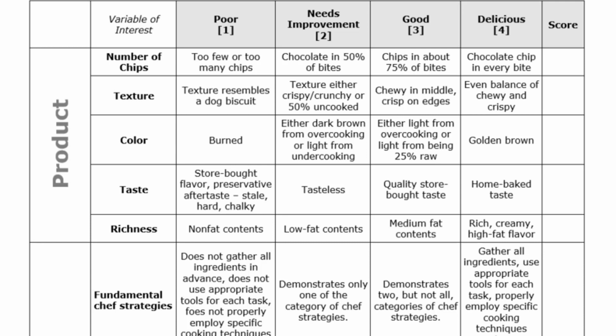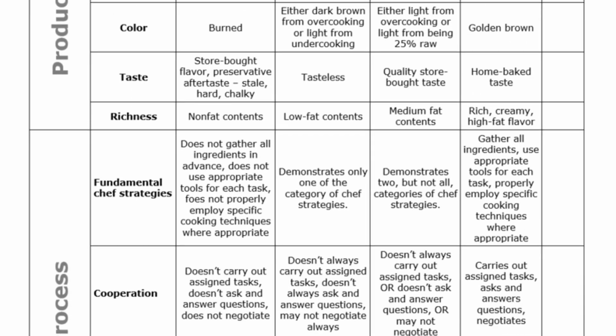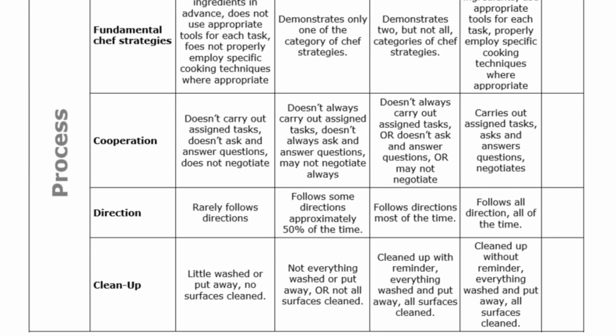That could include number of chips, texture, color, taste, and richness. And then you could also provide some feedback over specific aspects of the process: cooperation in making the cookies with other people, following directions, and then doing an adequate job of cleaning up.